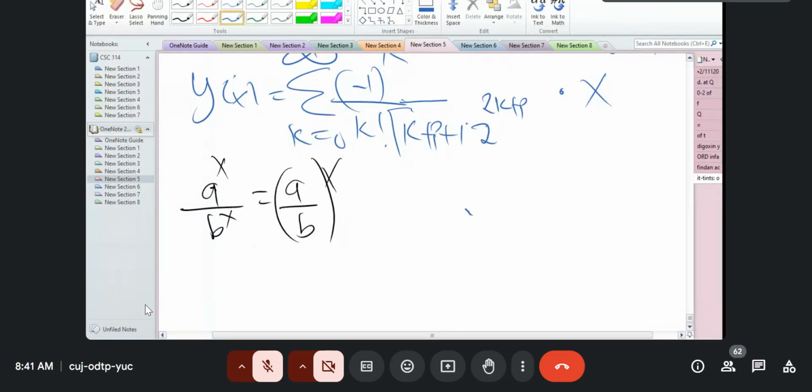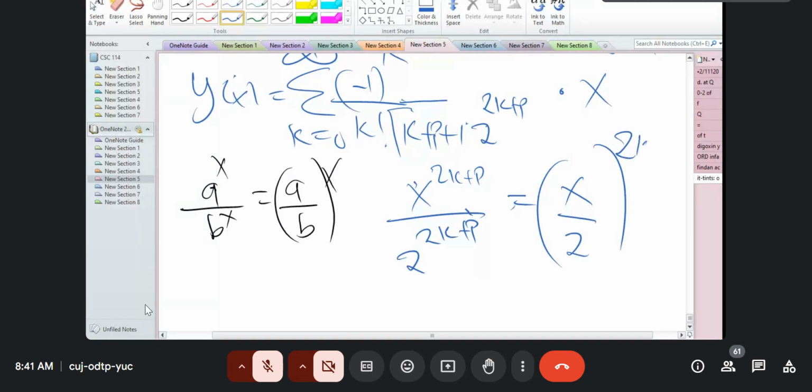So we are having an x raised to the 2k plus p divided by 2 raised to 2k plus p. We can say this is x divided by 2 raised to 2k plus p.